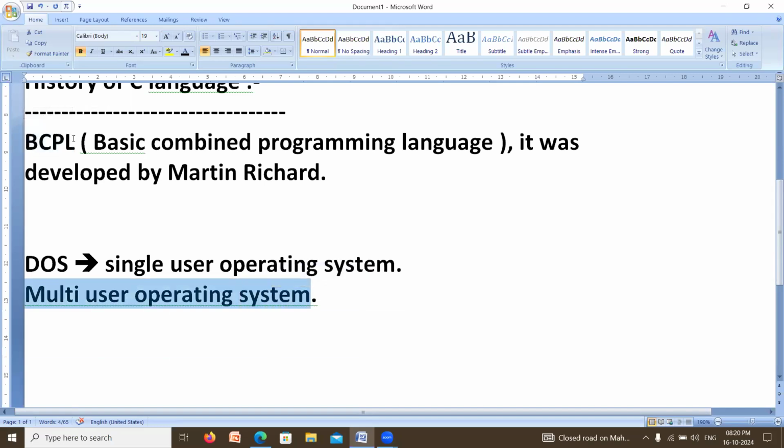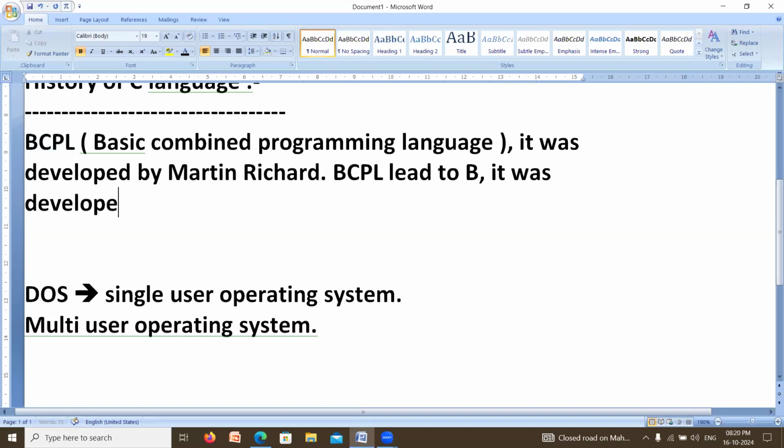Then they built a new programming language and named it B. So from BCPL, a new programming language was developed, called B. BCPL led to B. Ken Thompson is the developer of BCPL and B. Actually, what is the use of B?